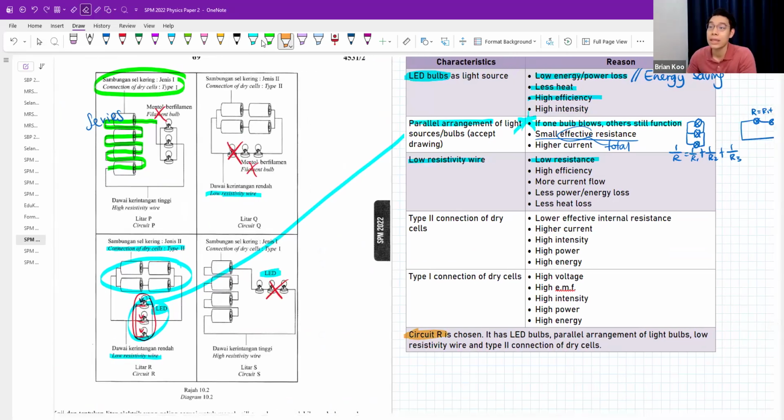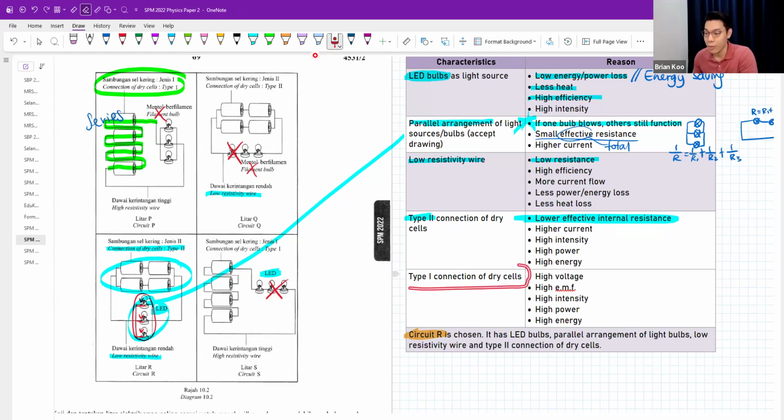Okay, so anyway, if I choose type 2, this is what I can say. Type 2 can reduce the effective internal resistance. The resistance of the battery will be less, because remember just now we said if it's parallel, less resistance. These are all in series. Then more current can flow and all. Okay, more power, more energy.